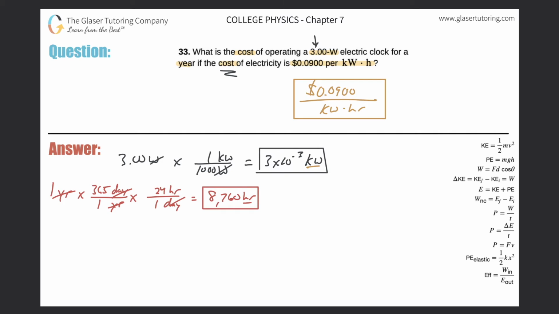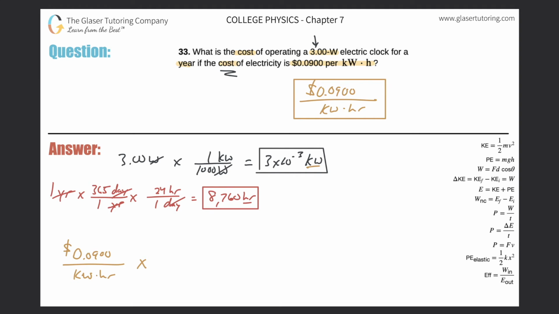So out of these three values, only one of them has dollars in it. So I'm going to start with that because I know where that has to go. I know I have to have my dollar sign in the numerator. So I'm just going to write exactly what I see there, per kilowatt times hour. Now remember the whole goal is cancel the kilowatts, cancel the hours.